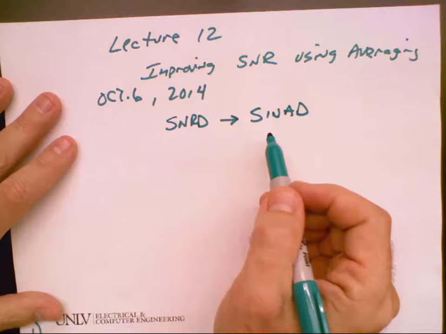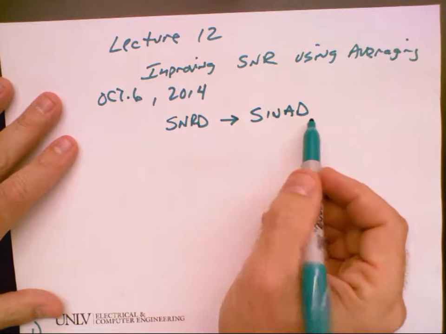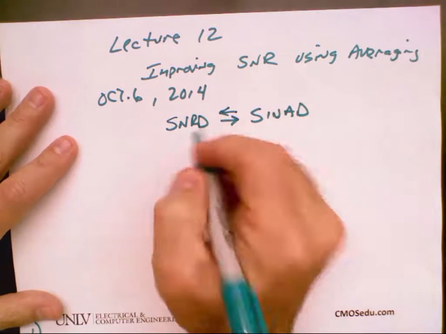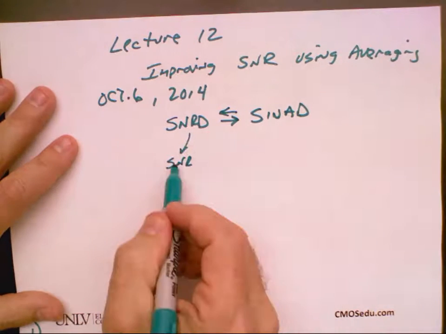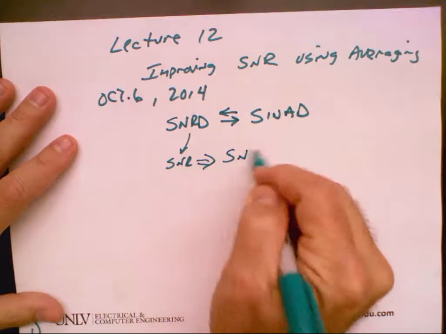What does that stand for? Yeah, signal to noise and distortion. These are equal. How do I go from SNDR to just SNR? Sometimes you say SNQR. What is SNQR?